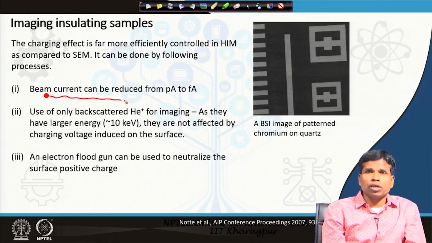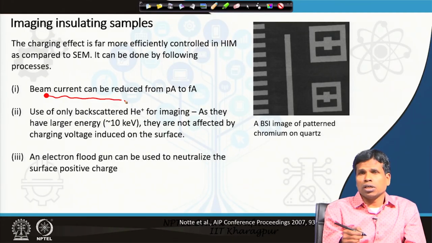Actually, if you use a much smaller beam current in a scanning electron microscope, you will not get enough signal, because the yield of secondary electrons is much lower in an electron microscope as compared to the helium ion microscope. In case of ion microscope, let us say helium ion microscope, one ion bombarding the specimen will produce 3 to 8 secondary electrons.